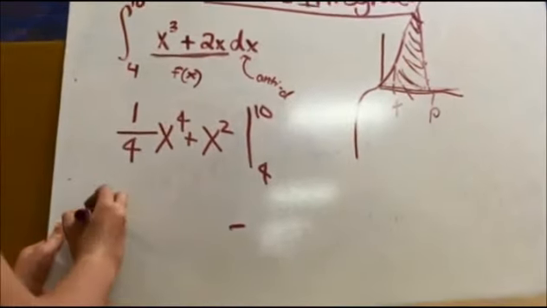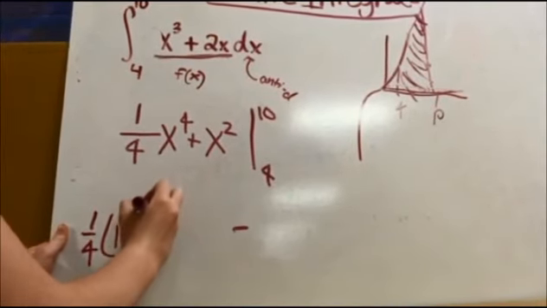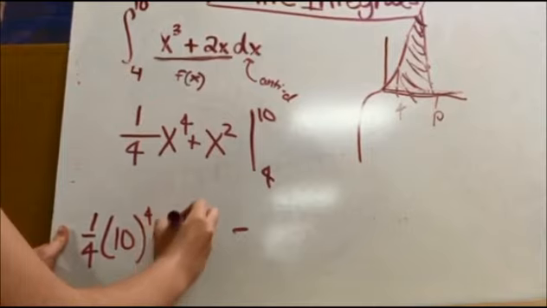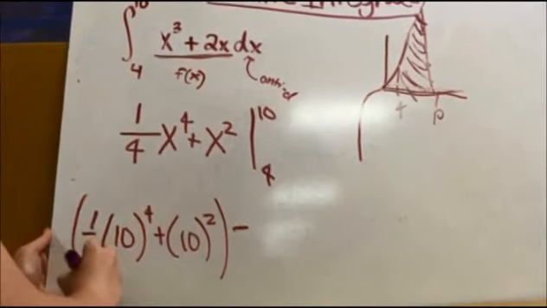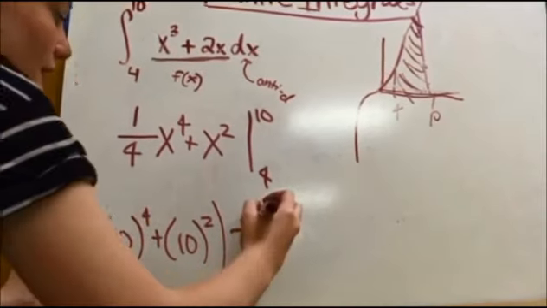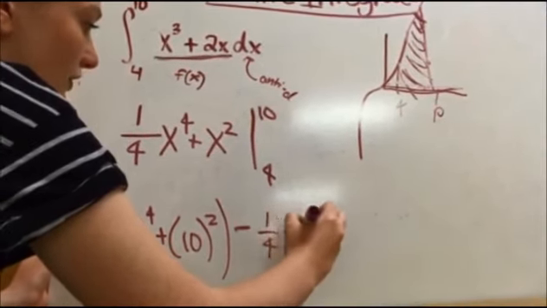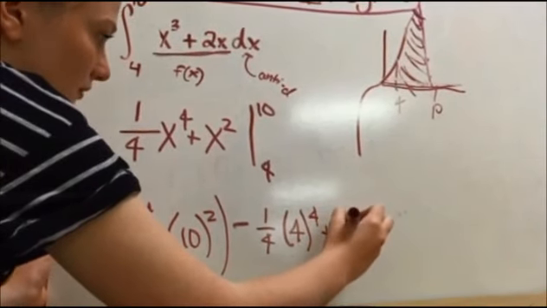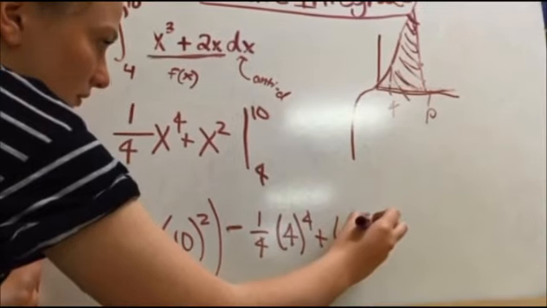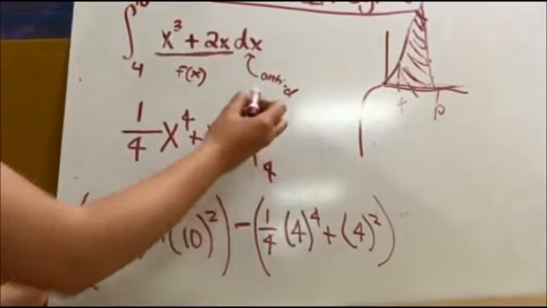So it will look like this. Minus this whole thing by the same, but plugging in 4 for your x value. And by this time you lose your dx.